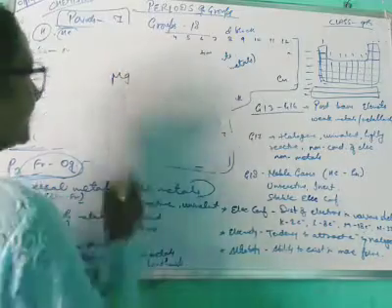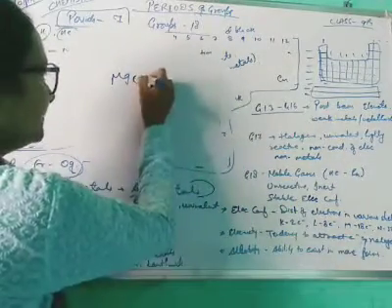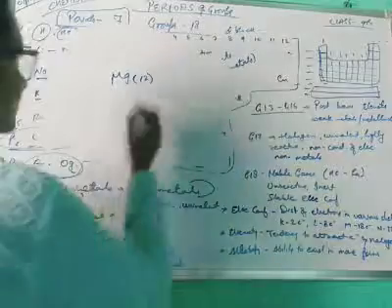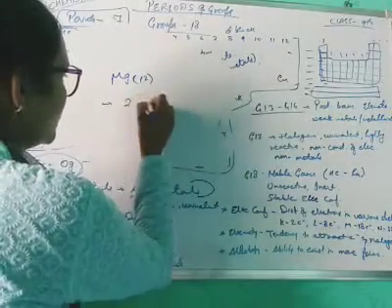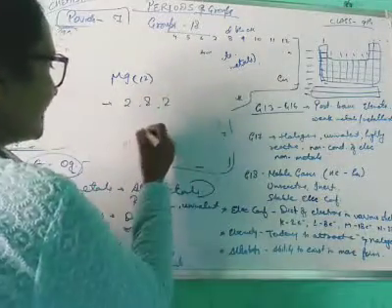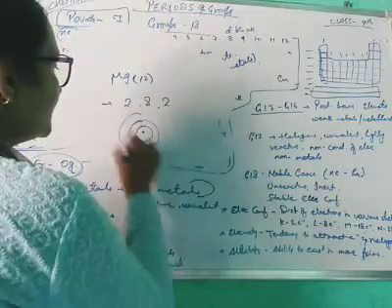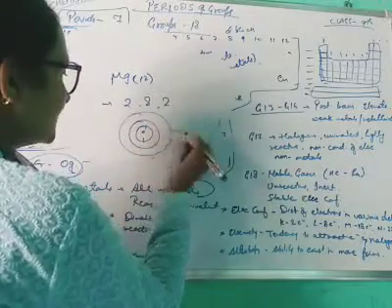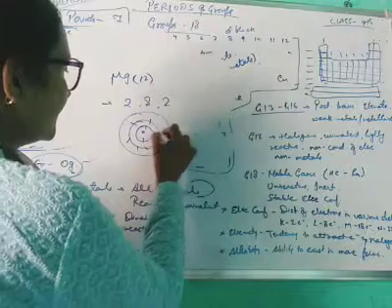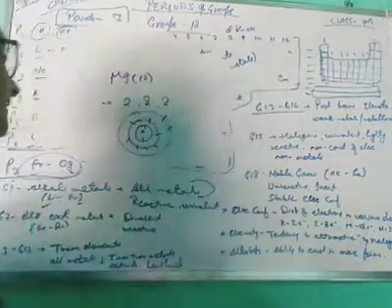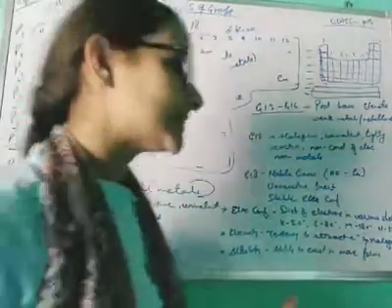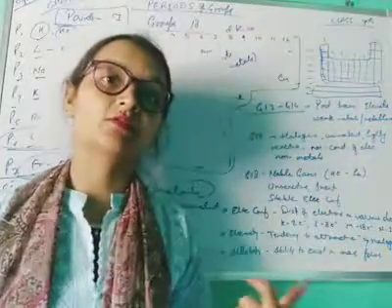For example, you have magnesium. Magnesium has atomic number 12. So its electronic configuration will be 2, 8, 2. So if magnesium wants to get stabilized, it has 2 electrons, here it has 8 electrons, and it has 2 electrons. So again it's not possible to gain 6 electrons.